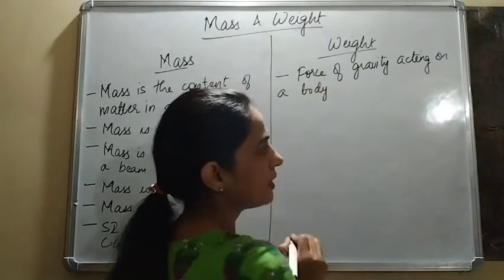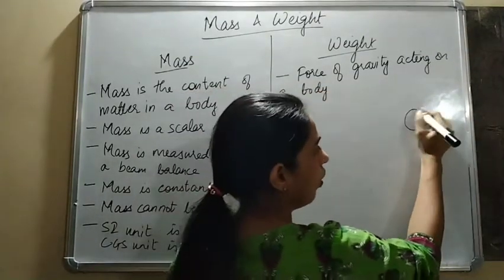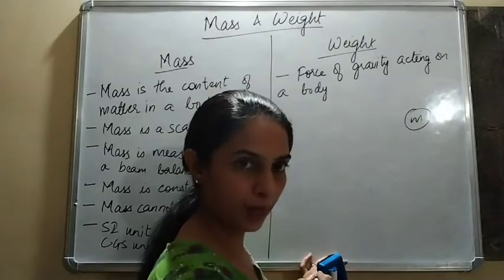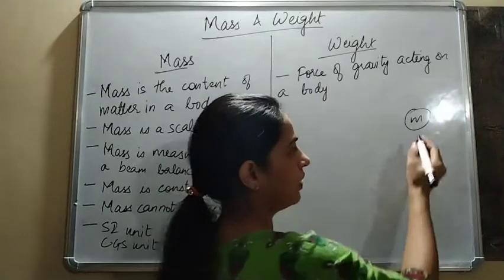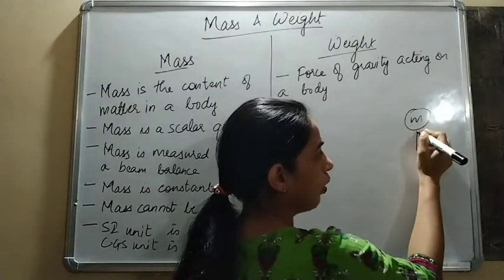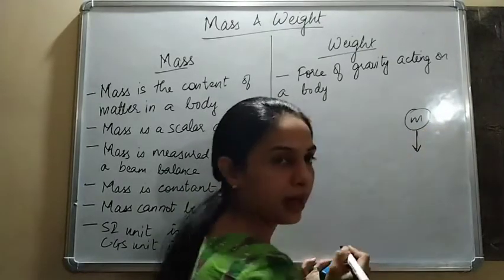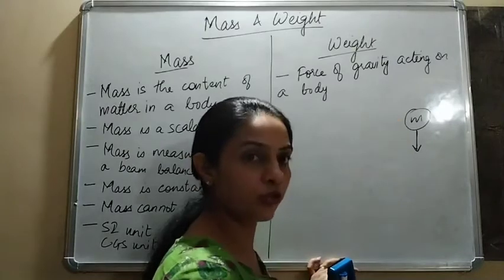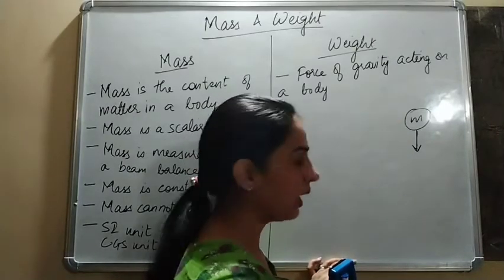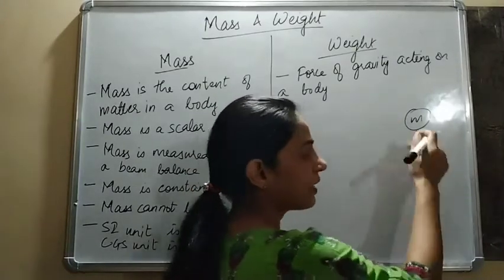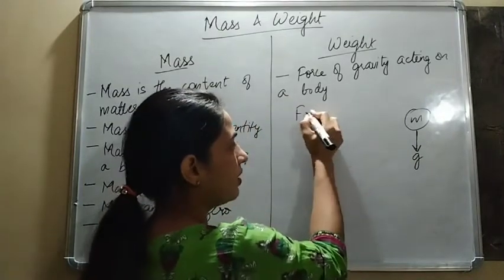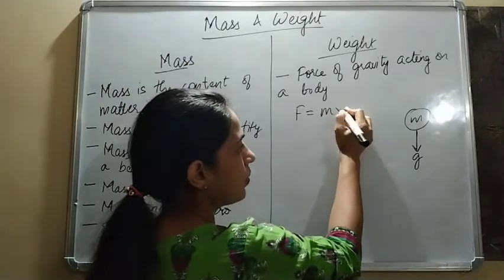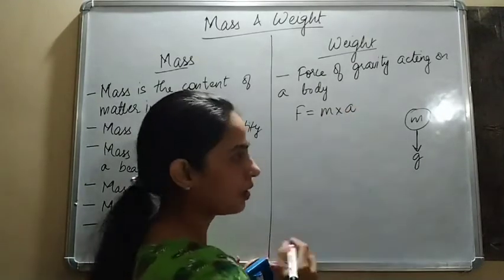So if there's a body of mass m, then on the surface of the earth, this body is attracted by the force of gravity towards it, okay, and the gravity acts downwards. We say that force is equal to mass into acceleration.